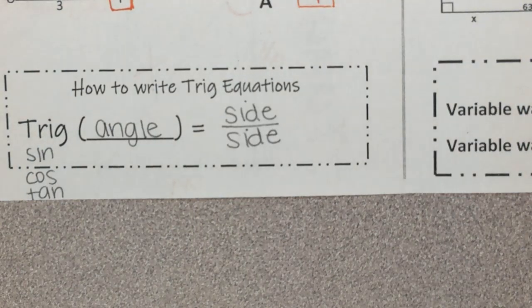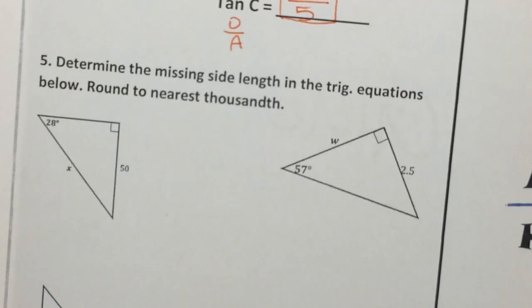Two sides. So, trig equation of the angle is going to equal the side divided by the side. So that's what we are going to do here. We're going to set up an equation and then we're going to solve it. All right, first one.